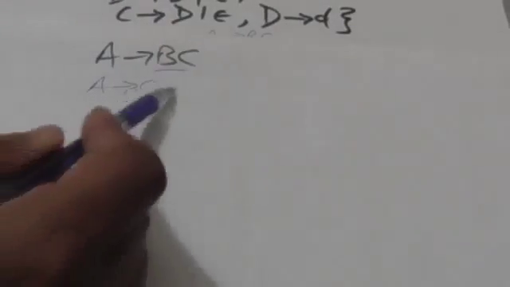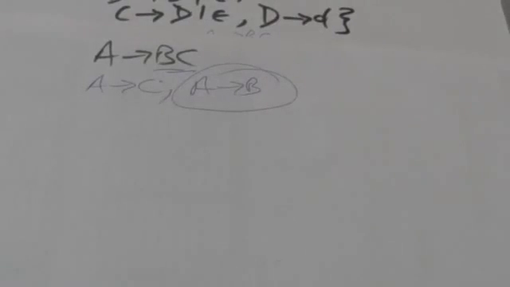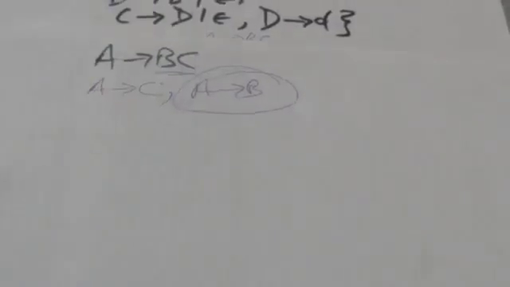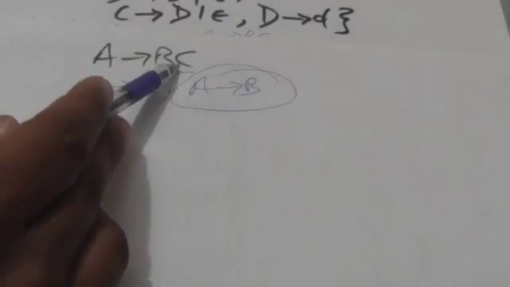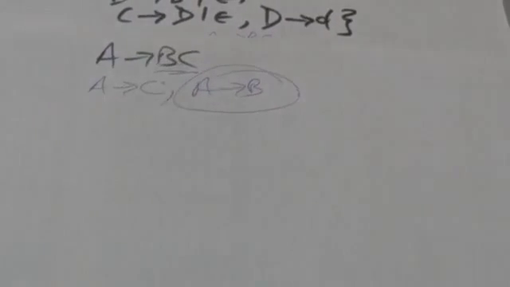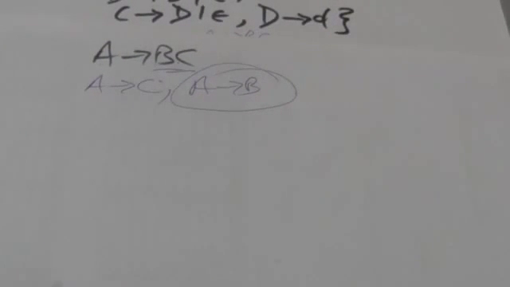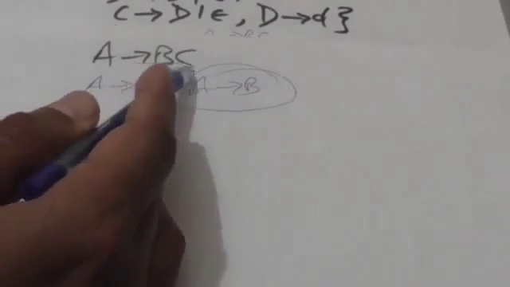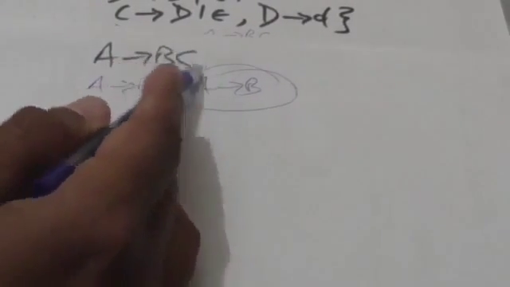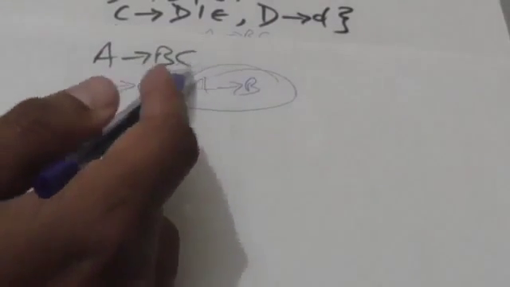So when we delete B, we will get A derives C. So this production will be added to set P2. When we delete C, we will get A derives B. So this will also be added to set P2 along with this production A derives BC. Now since B and C are both nullable variables, right? But we cannot remove both of them from the right hand side of this production, right?